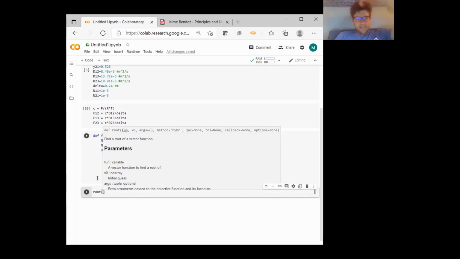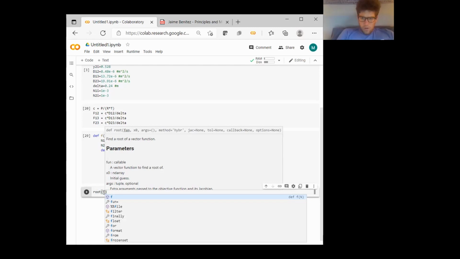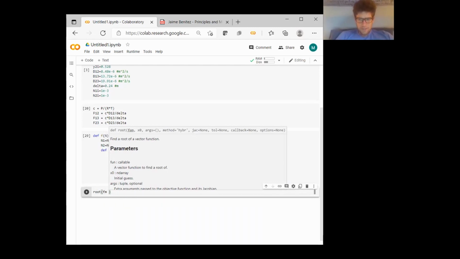Good for us, we just defined a callable function, f, which we can put in this root solver.